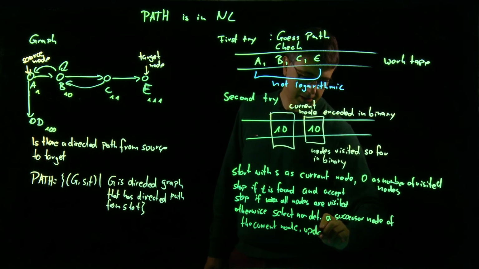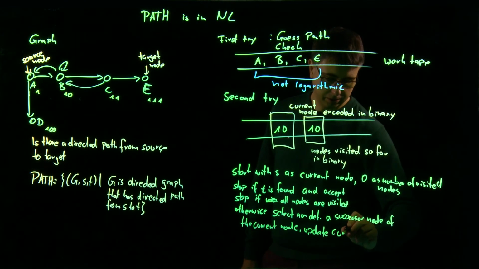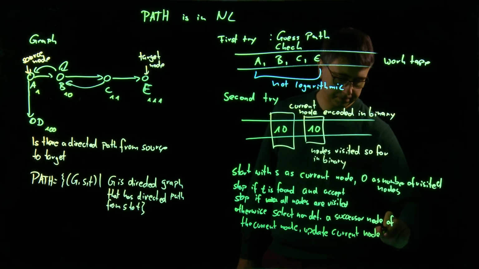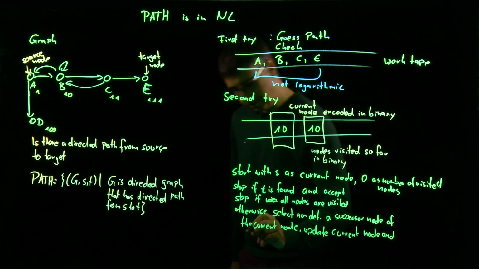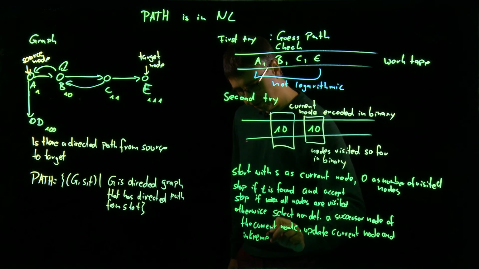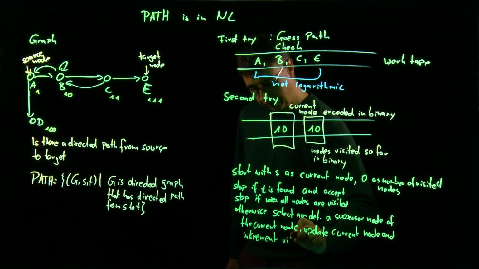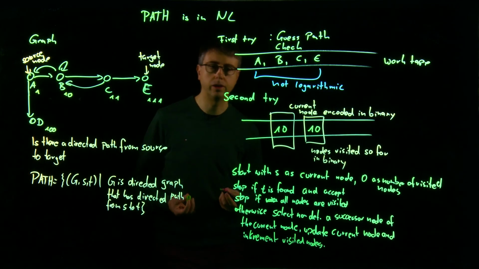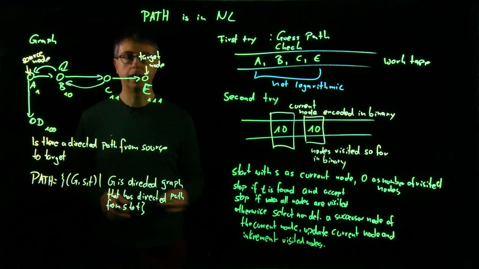Then we update the current node and the count of the visited nodes: update the current node and increment the visited nodes. And that's a non-deterministic algorithm for deciding the path problem.